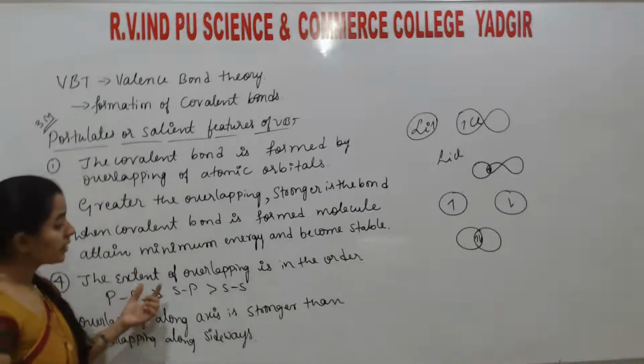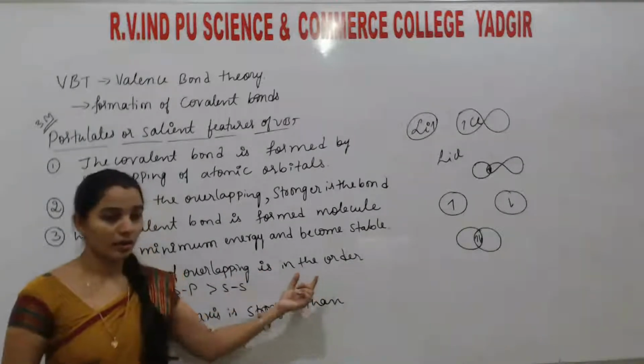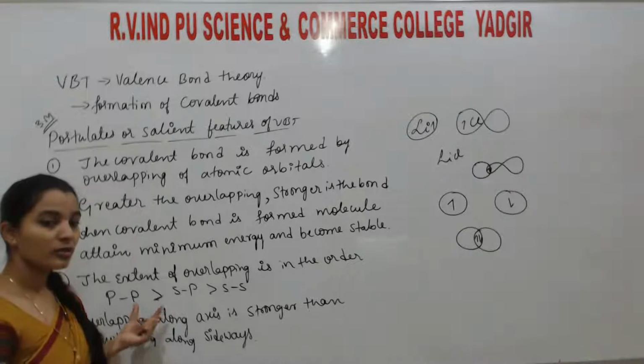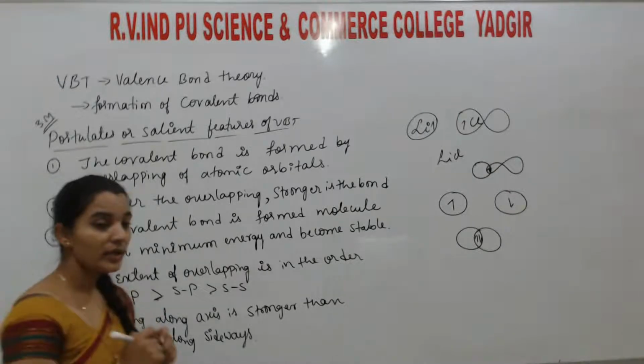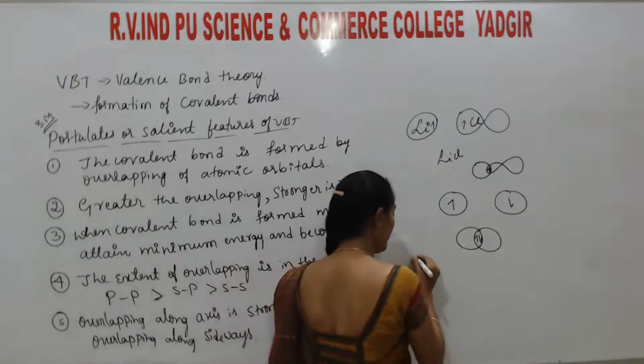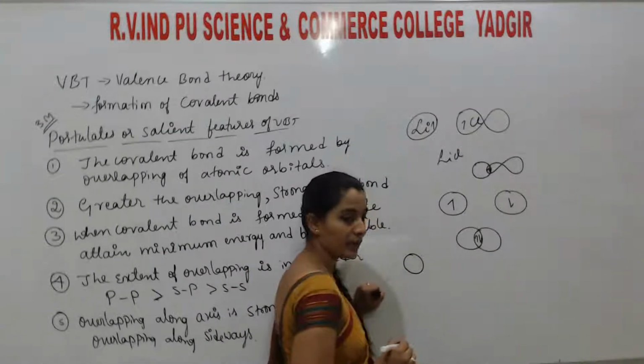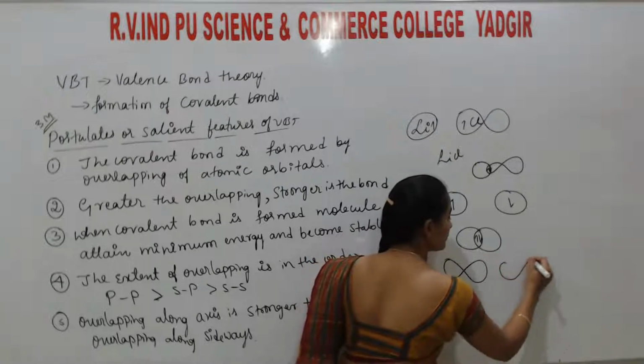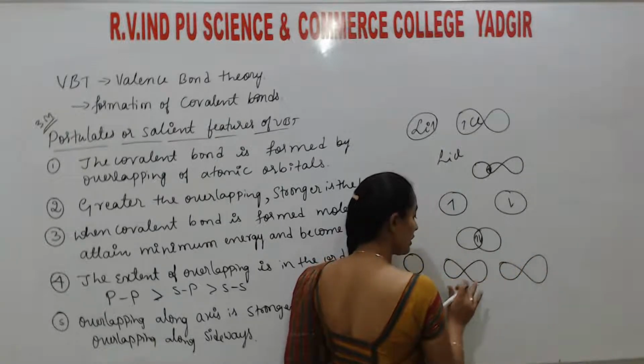Next, the extent of overlapping is in this order. When two p orbitals overlap, of course the overlapping is more. Why? Listen. The s orbital is spherical, whereas the p orbital is dumbbell shaped.